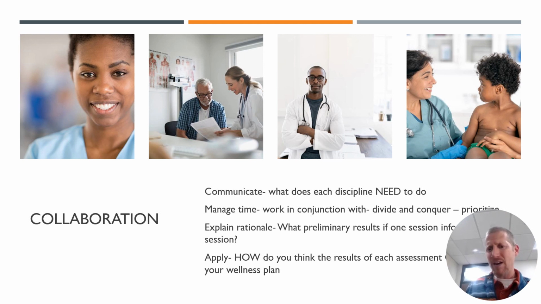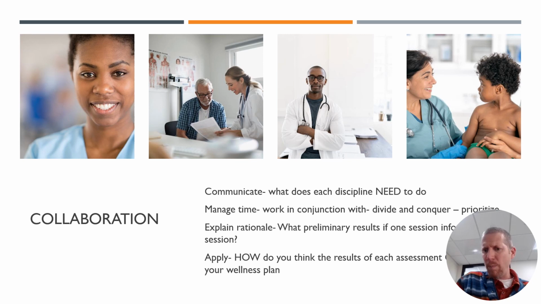Okay, if she had a hard time using a knife and a fork, might we suggest larger handled utensils? Or might we suggest some kind of adaptive equipment, right, to help compensate for that contracture that we're not going to do anything with? Okay, and so think about how the results of your assessment that you're choosing is going to impact your wellness plan.